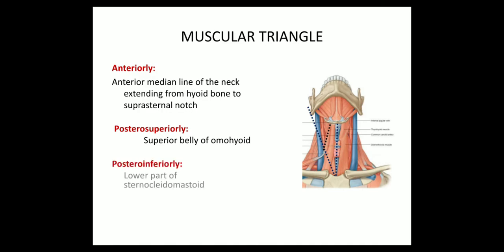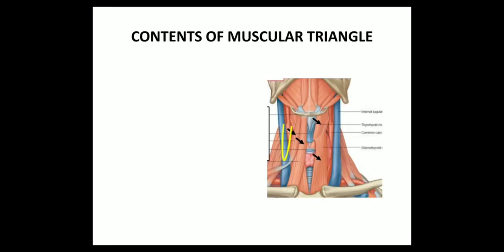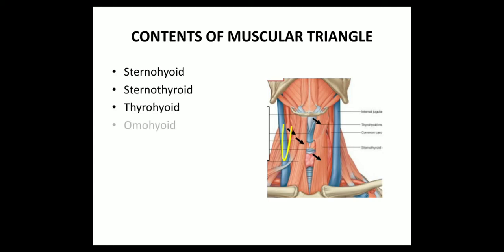Posterior-inferiorly, it is bounded by the lower part of the sternocleidomastoid muscle. The contents are mainly the infrahyoid muscles, which include sternohyoid, sternothyroid, thyrohyoid and omohyoid. These muscles also form the floor of this triangle.